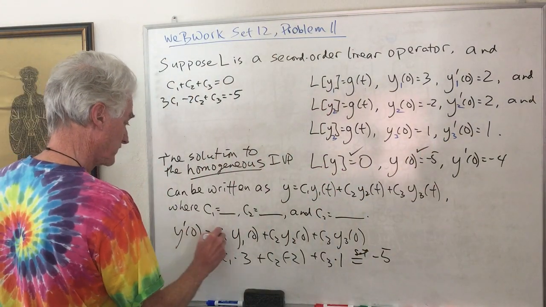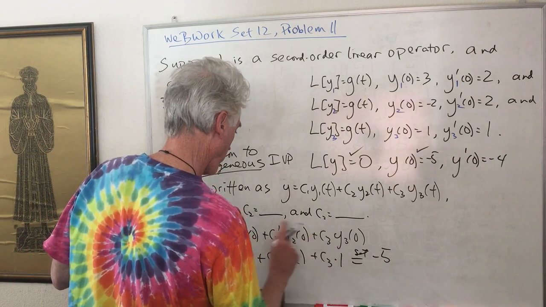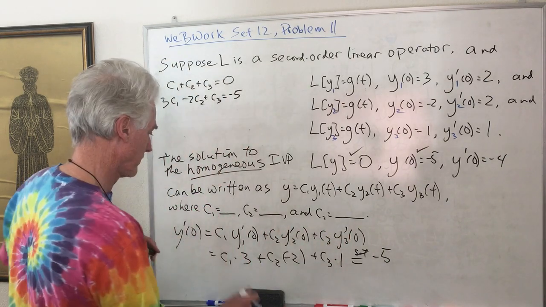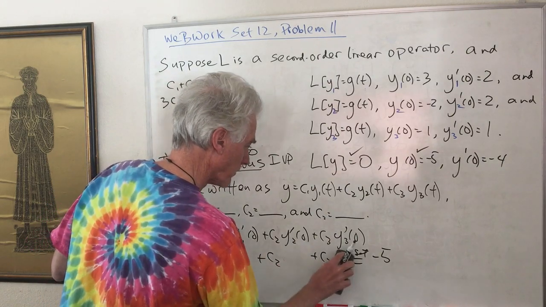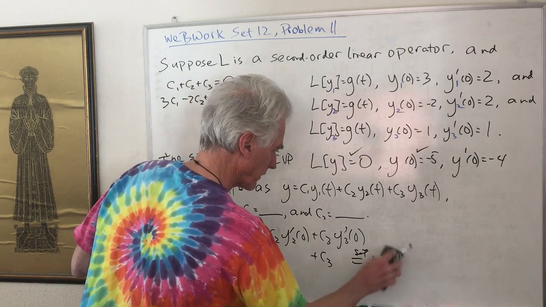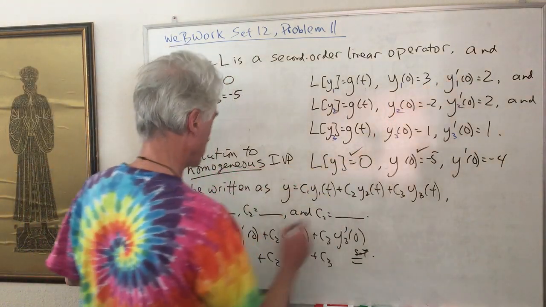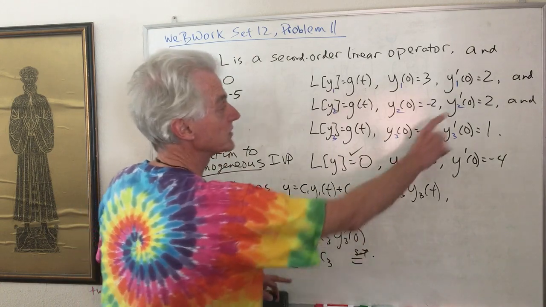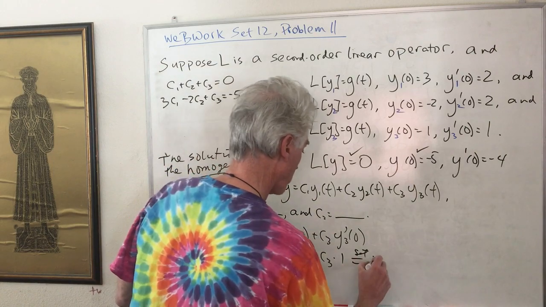Similarly, if I put primes everywhere, primes here, and put primes there, all right, so that y prime of 0 is c1 times 2 plus c2 times 2 plus c3 times 1, and that should equal negative 4.